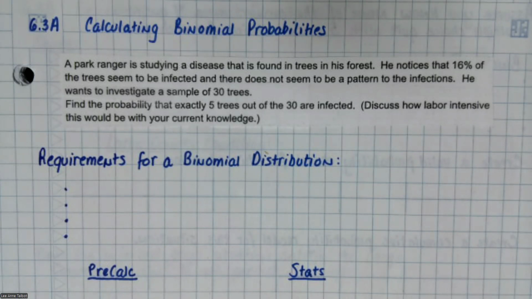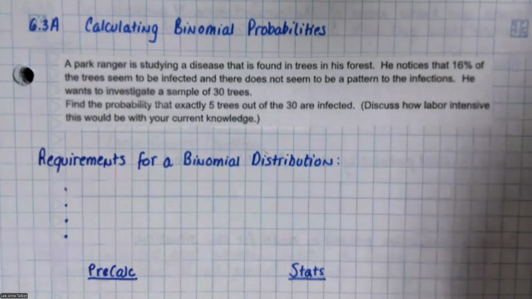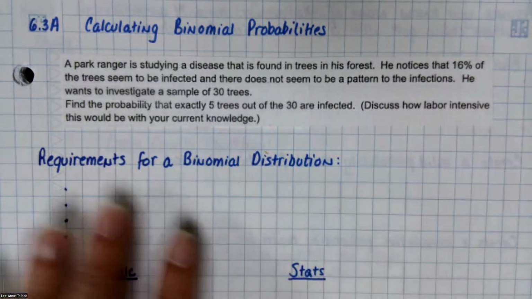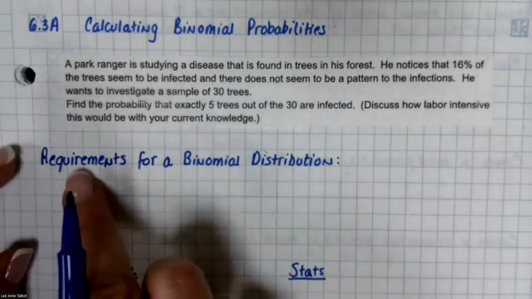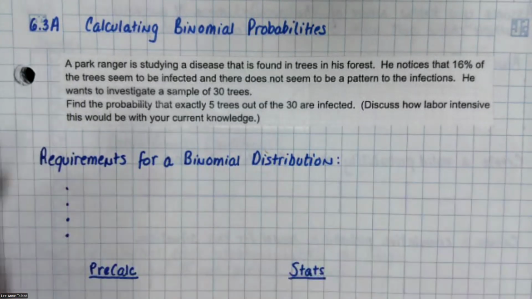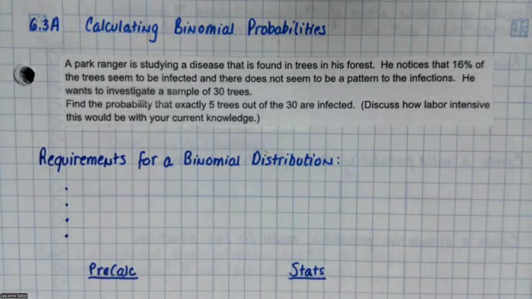What I'm going to teach you today is how to answer this question without making a gigantic tree diagram that would take up my entire whiteboard. Binomial distribution. Binomial is something that you learned about all the way through math 1, math 2, math 3. A binomial is something plus something or something minus something.